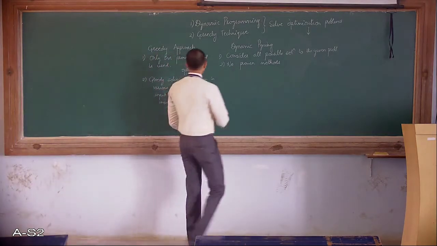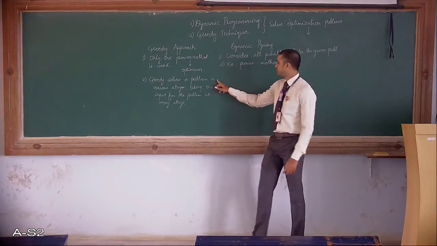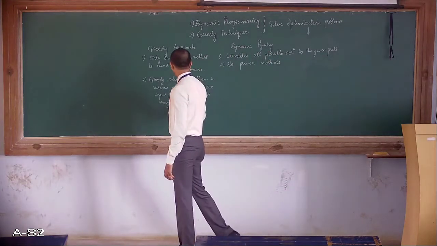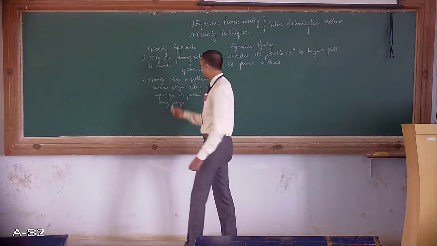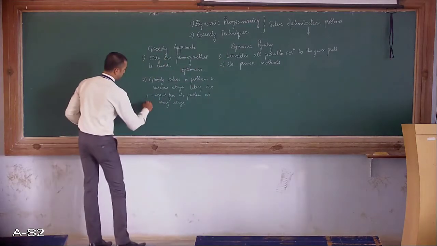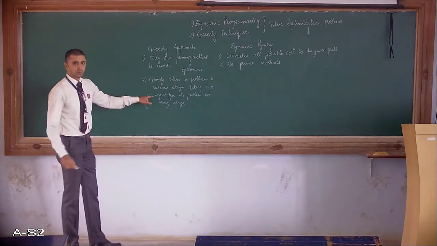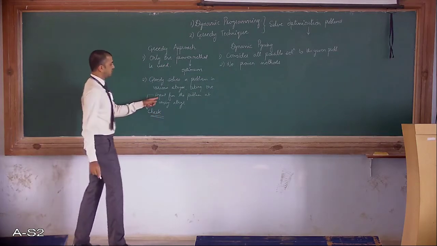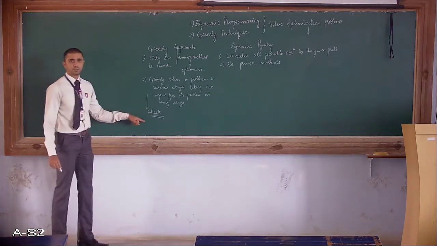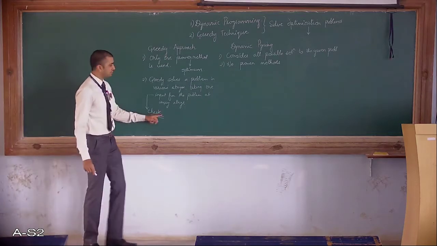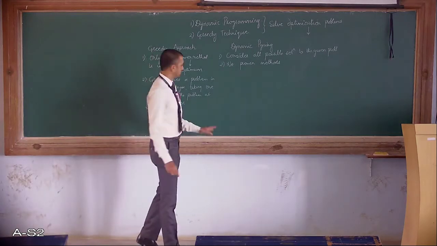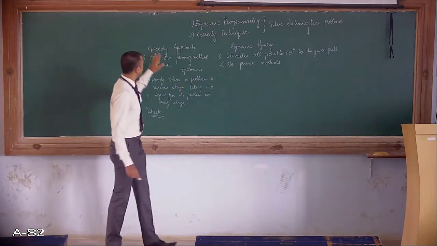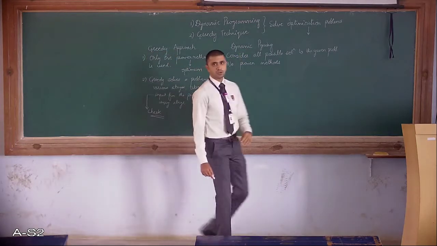We have to solve a problem using greedy approach in various stages, taking one input from the problem at every stage. And after taking every input from that given problem, we check whether the input is optimum or not. If it is optimum, then we add it to the optimal solution.